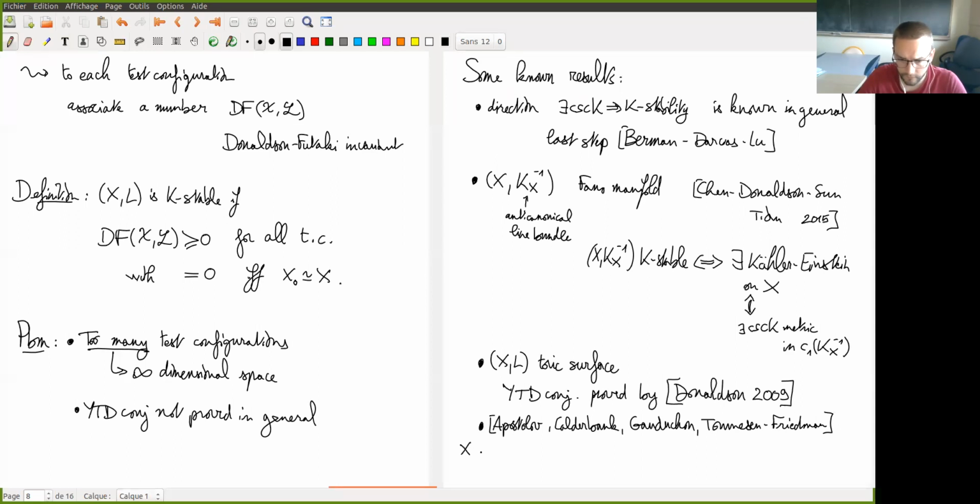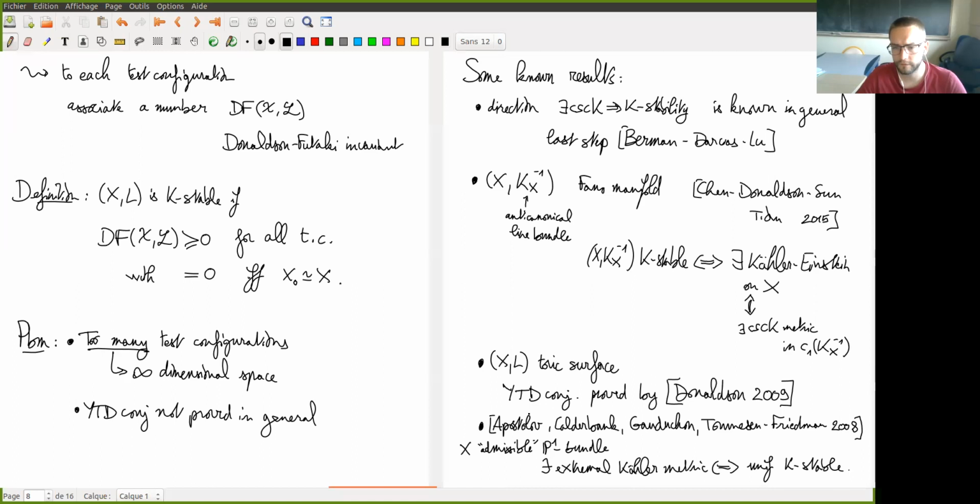In the situation where X is a so-called admissible P1 bundle, then they show that there exists an extremal Kähler metric, which is a slight generalization of CSCK metrics, if and only if it's uniformly K-stable, say. Here, uniform K-stability is a refinement of K-stability. It was actually shown to be necessary, at least for extremal Kähler metrics, precisely by these authors in that paper.